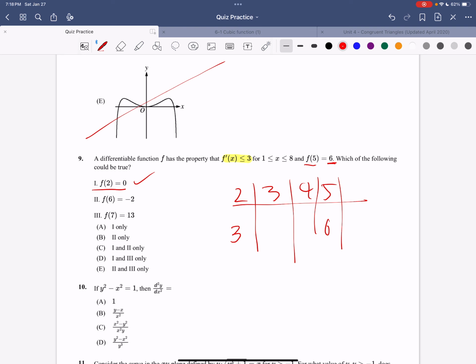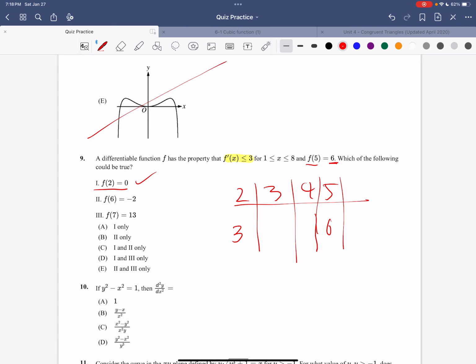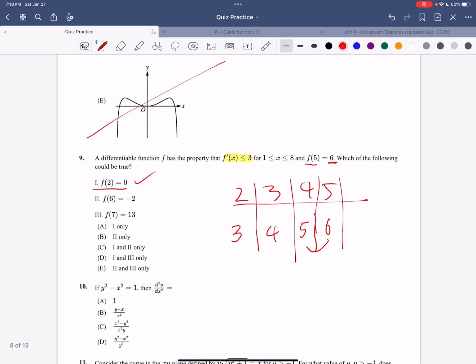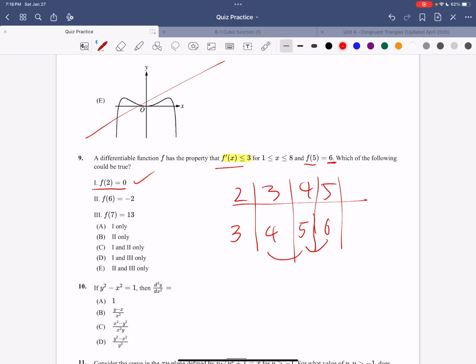That's possible. This one can be 3, this one can be 0, whatever, that's the max. But this one can also be 5, this one can be 4, because the change from each one of them is going to be less than 3. Do you see that it's going to be 1, 1, 1? That's fine. It also makes sense.